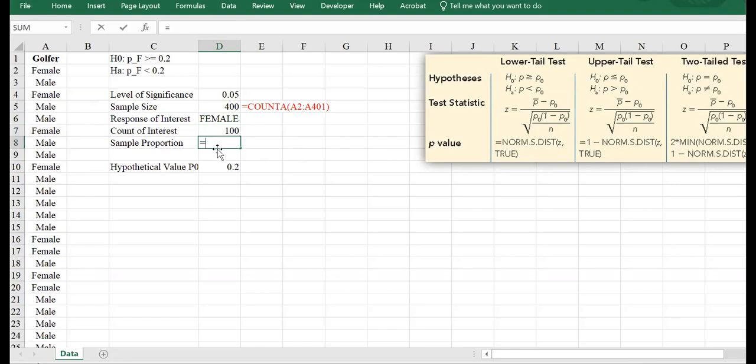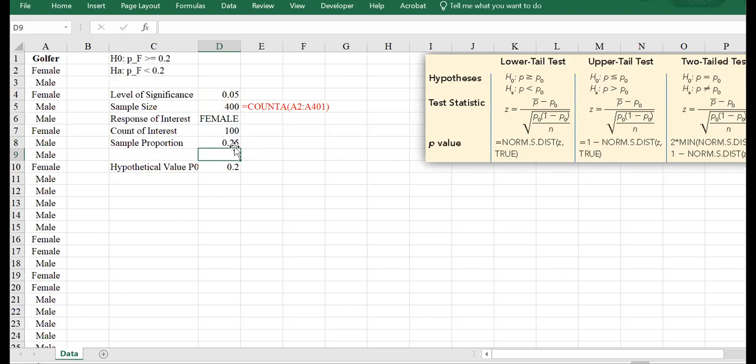Sample proportion now: out of 400, 100 of them are female, so it's 100 divided by 400, which is 25%. Based on the definition, my sample proportion is at the right side of the distribution.